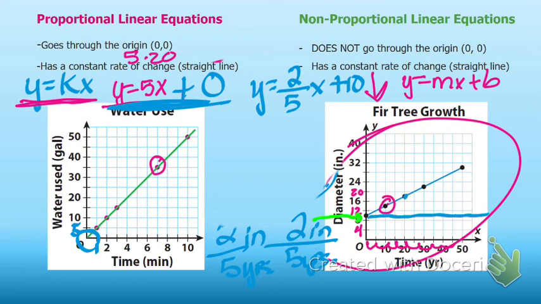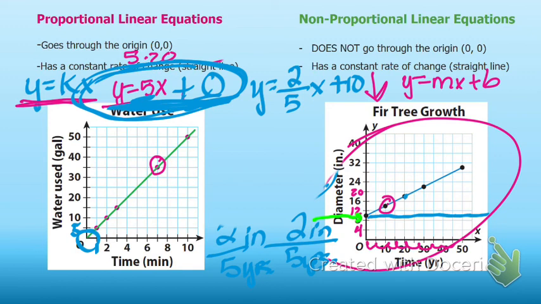No. So last year when you did these, you were always looking at the constant rate of change, but since they all began at 0, you never learned about the B. So the B tells us where it begins, and we call it the initial value. Initial means beginning.